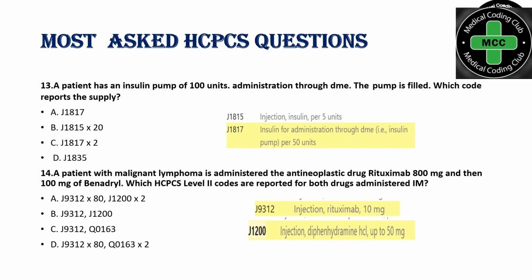Next, a patient has an insulin pump of 100 units, administration through DME. The pump is filled. Which code reports the supply? Here you can check the code descriptions carefully.